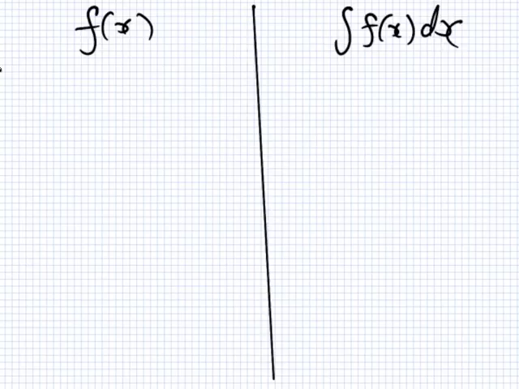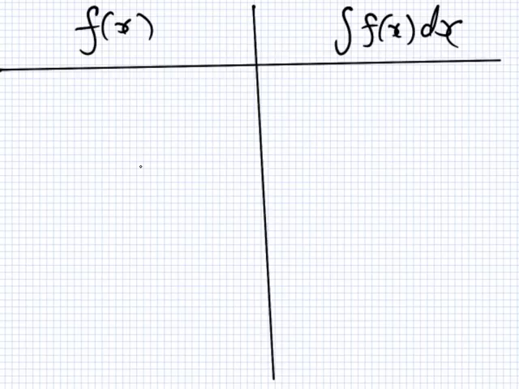Okay, so the first one. And what you'll notice about these rules is they're exactly opposite of the derivative. So for example, when we had the derivative, you brought down the power and reduced the power by 1.